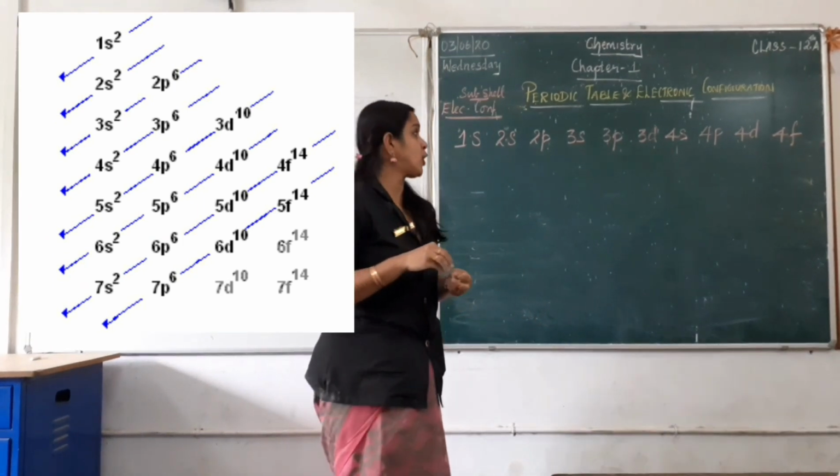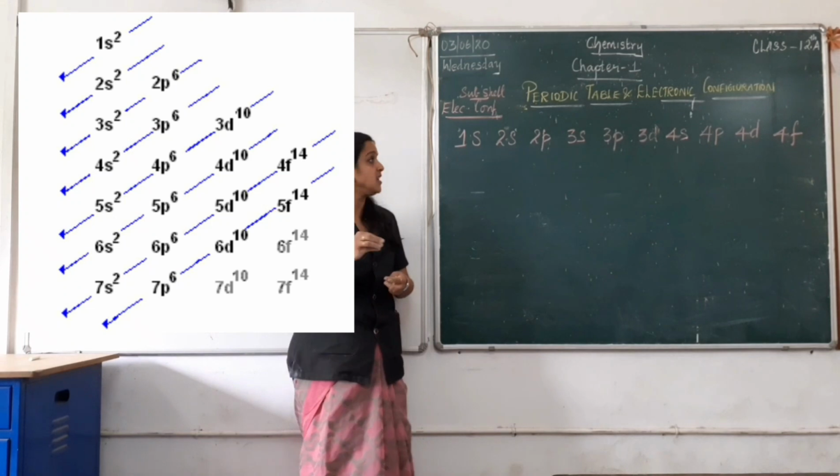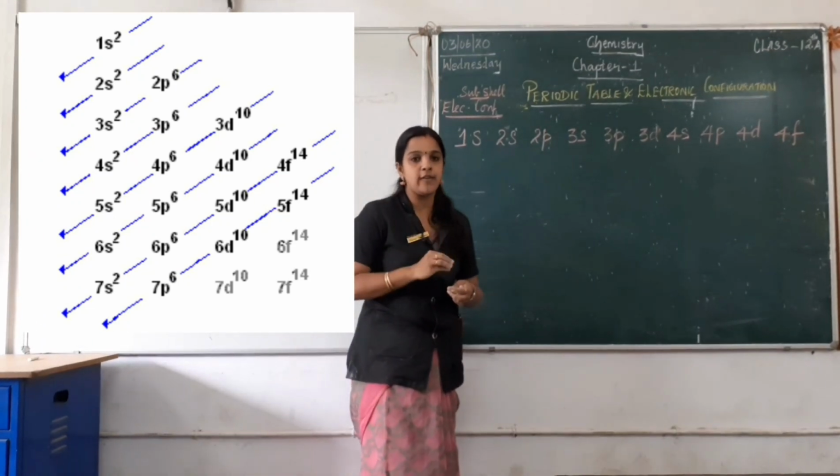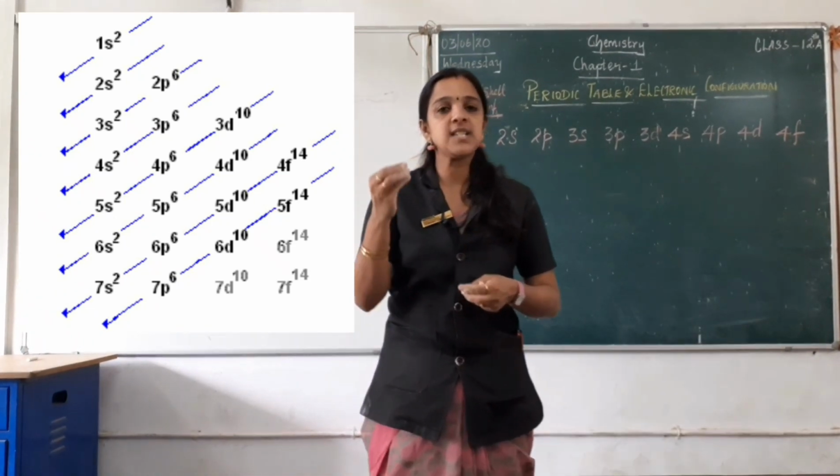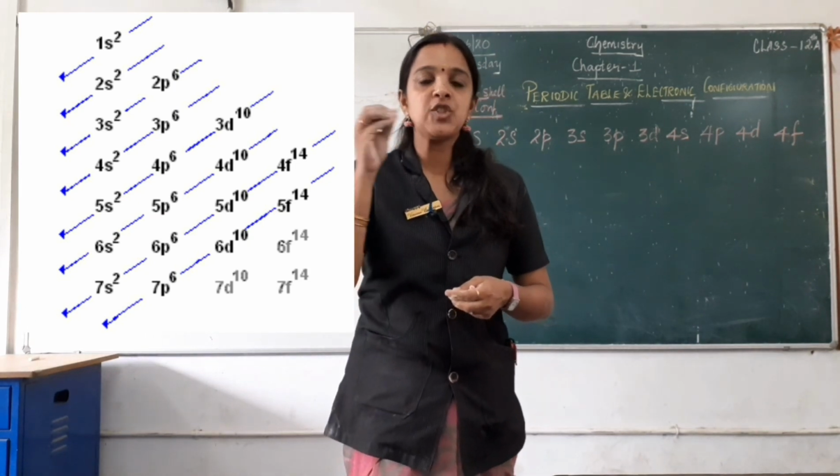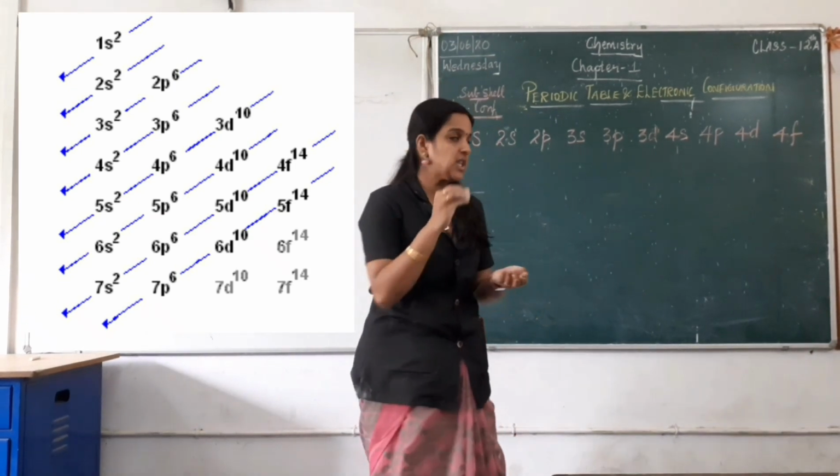Now the most important part of the lesson, writing a subshell electronic configuration. Now last class you have learned to write shell configuration, that is using the shell number.